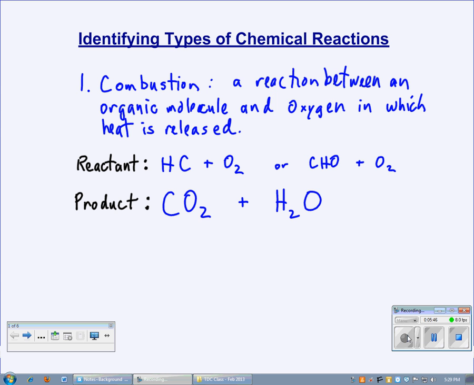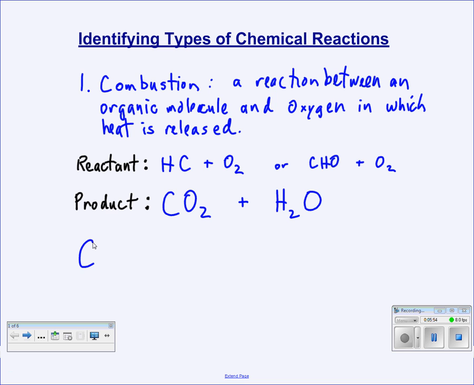Let's look at a specific example. If I gave you this set of reactants, CH4, that's the formula for methane gas, that is natural gas, plus oxygen, and I asked you to predict the products.